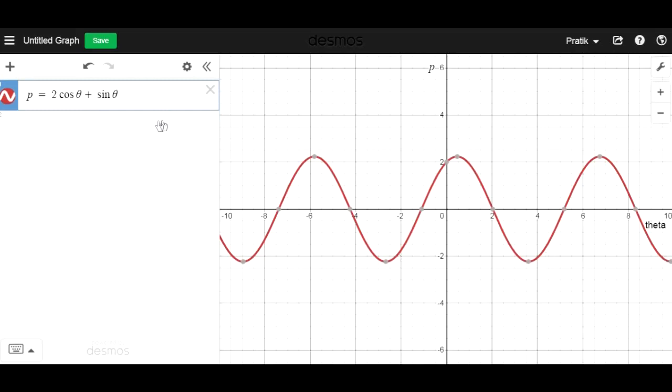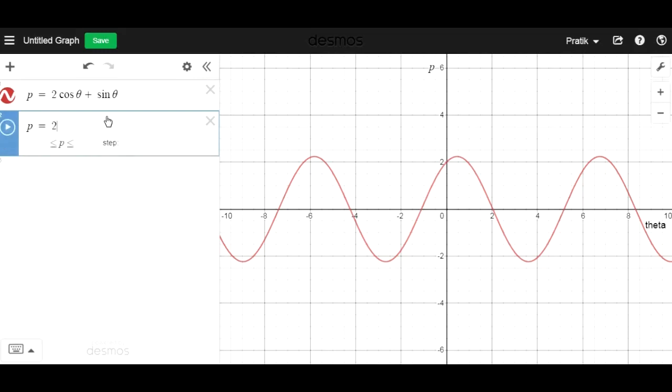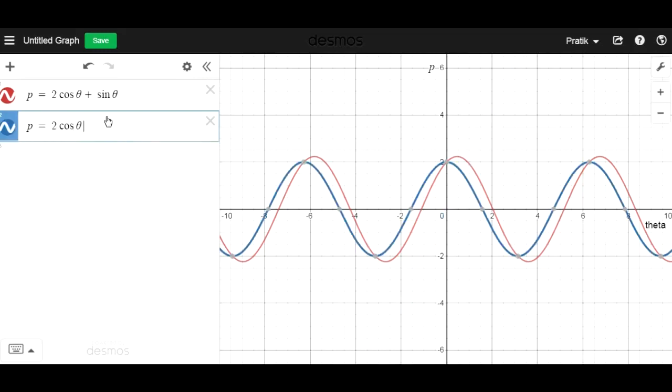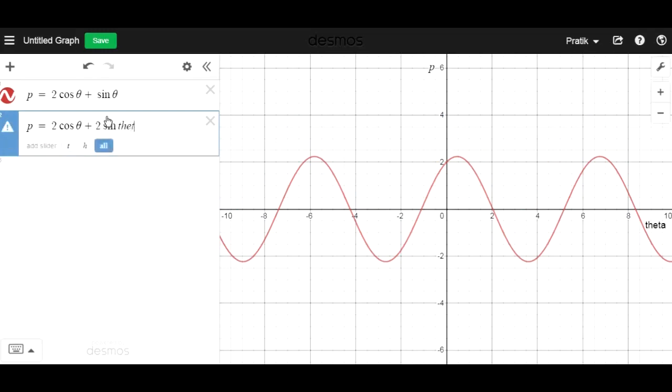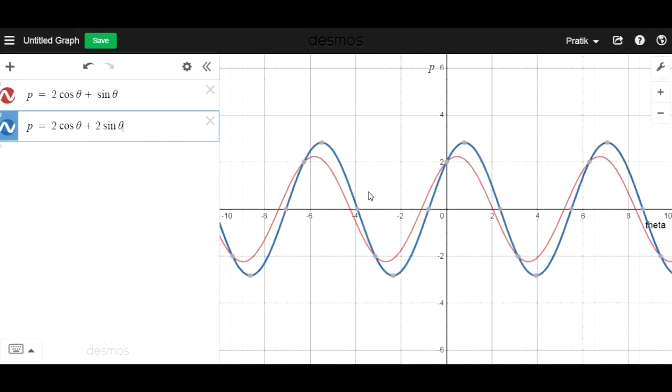My next equation was p is equal to 2 cos theta plus 2 sine theta.